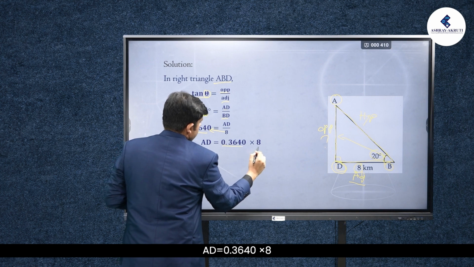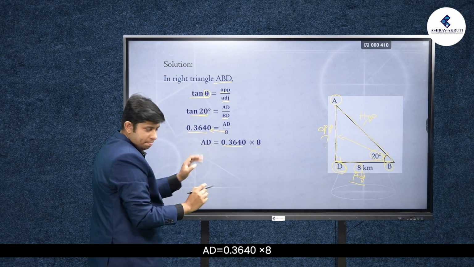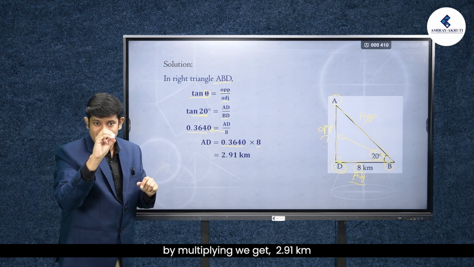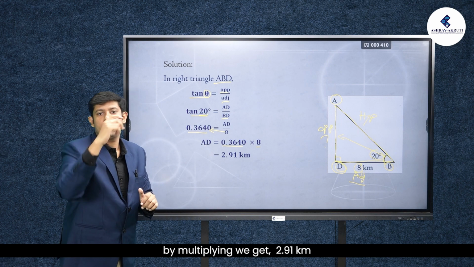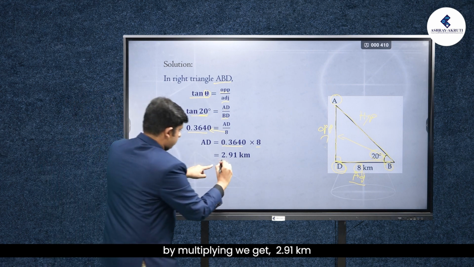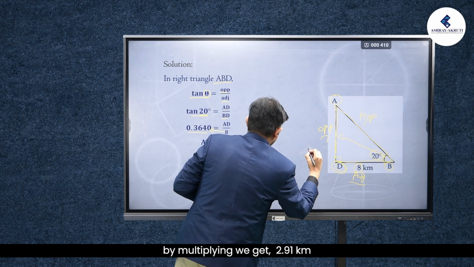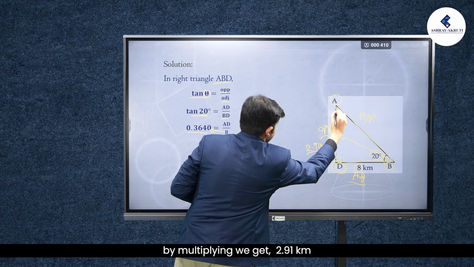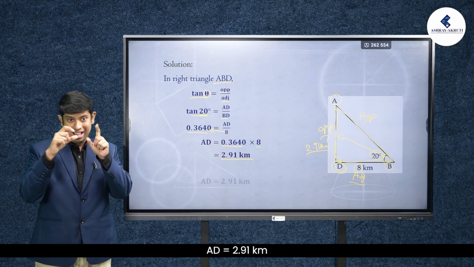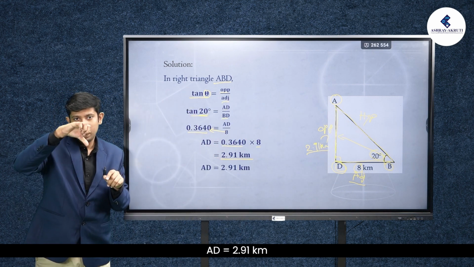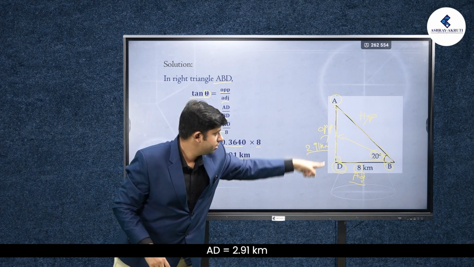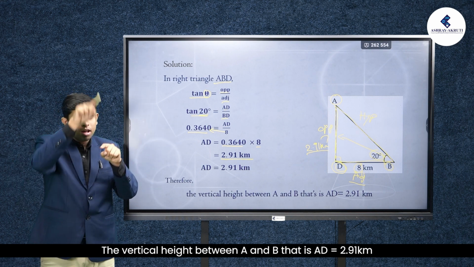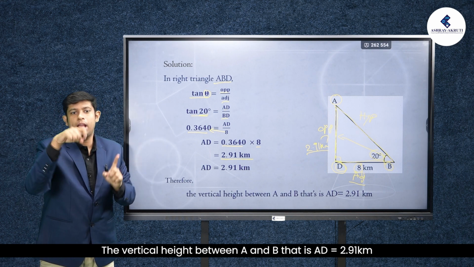AD is equal to 0.3640 into 8. By multiplying we get 2.91 kilometer. Therefore, the vertical height between A and B, that is AD, is equal to 2.91 kilometer.